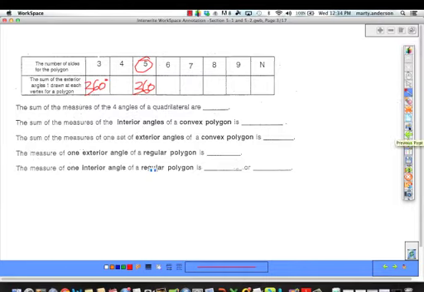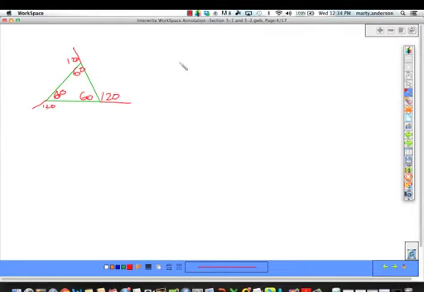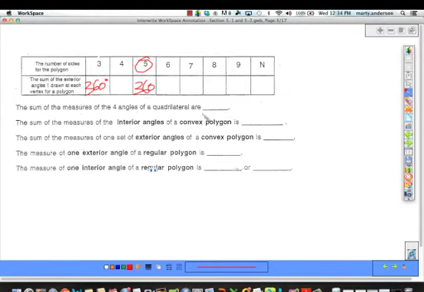Now, if we take a look at a square, which is a quadrilateral, I've got four 90-degree angles. The exterior angle of a 90-degree angle will be 90 degrees. And if I have four of them at 90 degrees, so 90 times 4, not surprisingly, 360 degrees.